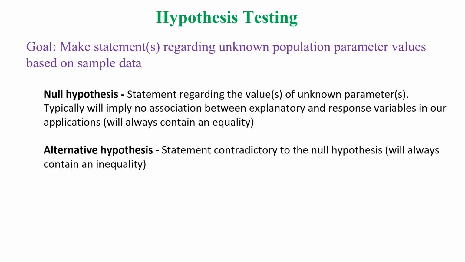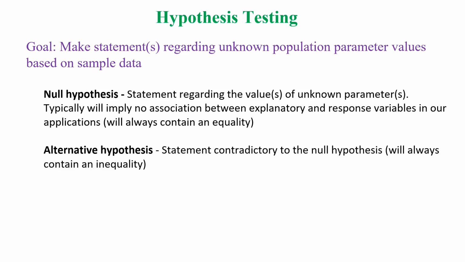There is no relationship between two or more variables. There is no influence of one variable on another variable. Like that, the null hypothesis will be framed. Now, what is the alternate hypothesis? The contradictory of null hypothesis is called alternative hypothesis.